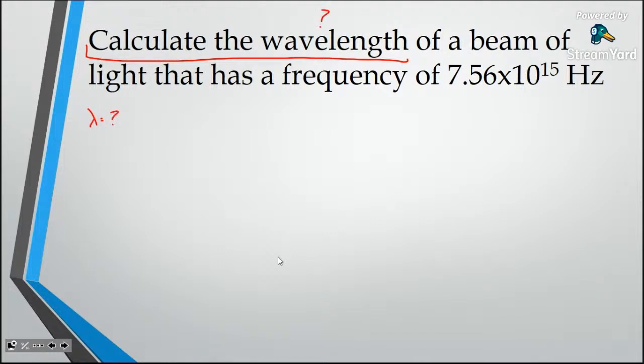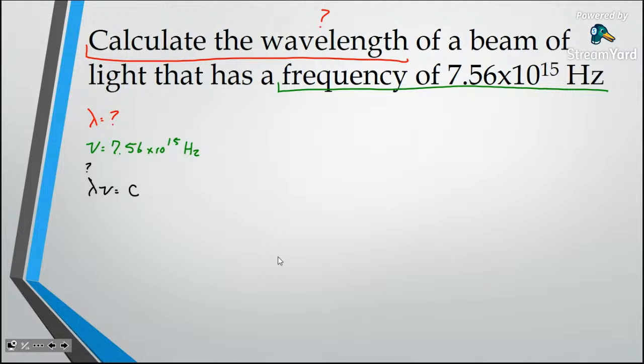For a beam of light that has a frequency of, here I've got a frequency of 7.56 times 10 to the 15 hertz. Again, I know that lambda nu equals Celeritas.